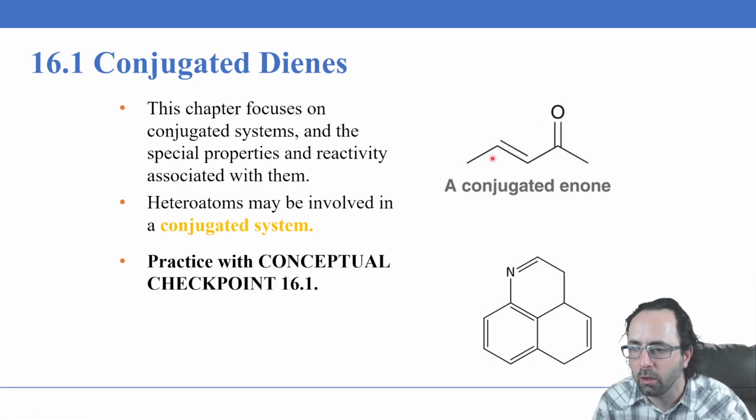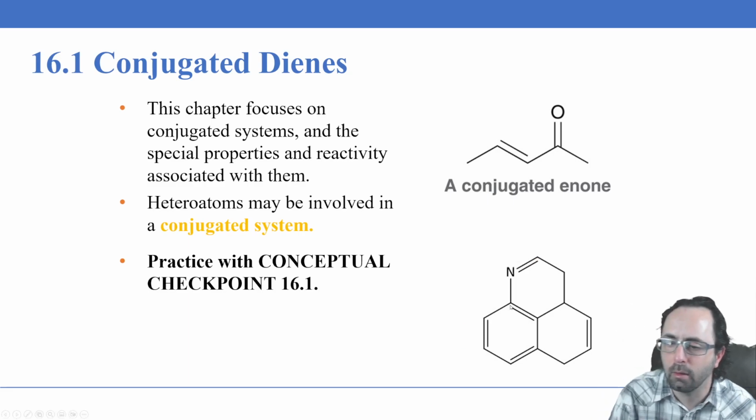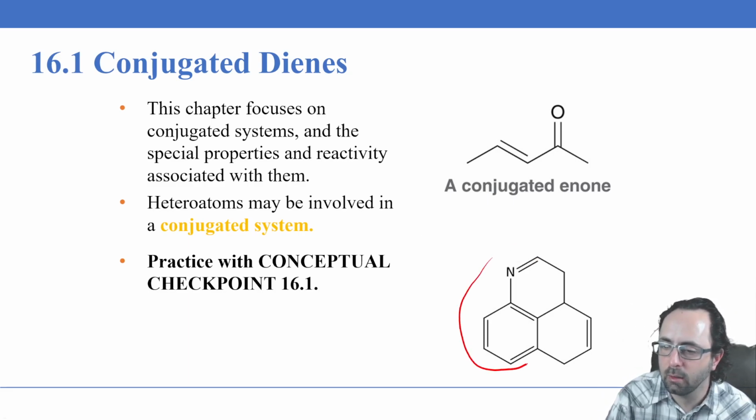So here we have a conjugated diene that is really an ene-one. Ene for the double bond, one for the ketone here. Or for example, here we have nitrogen involved in this conjugated system. We have double, single, double, single, double, single. So this whole area here would be conjugated.